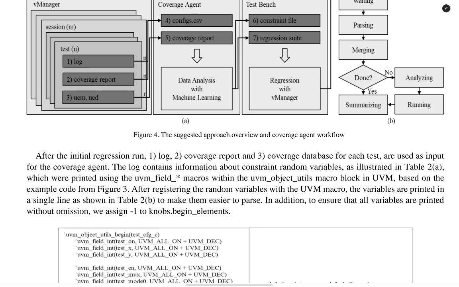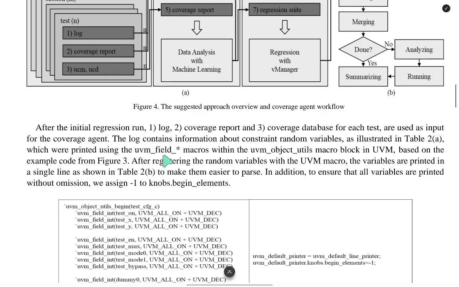The log contains information about constraint random variables as illustrated in Table 2a, which were printed using the UVM_field_* macros within the uvm_object_utils macro block in UVM, based on the example code from Figure 3.